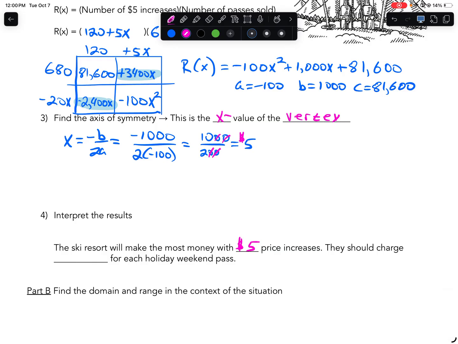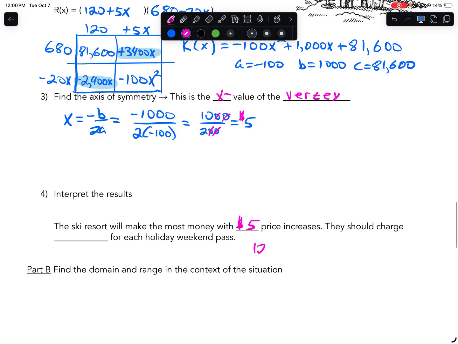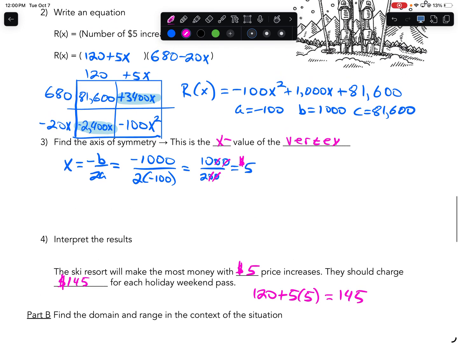They should charge... So how much should they charge for the pass? How do we figure that out? So we do 120 plus 5 times 5, which is 145 dollars. So I just plugged that into this part of the equation right here, right?